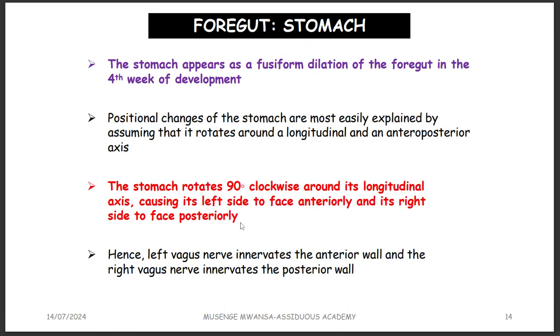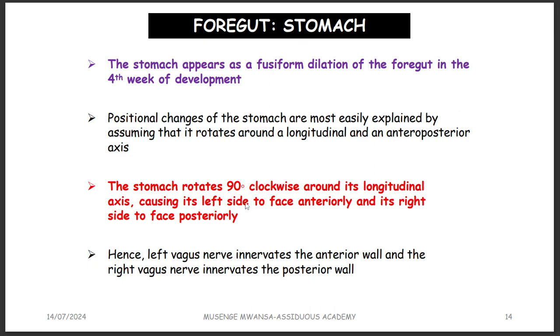And that causes its left side to face anteriorly and its right side to face posteriorly. Hence, the left vagus nerve innervates the anterior wall and the right vagus innervates the posterior wall. Take note, right vagus is going to innervate the posterior wall of the stomach, then the left the anterior wall.